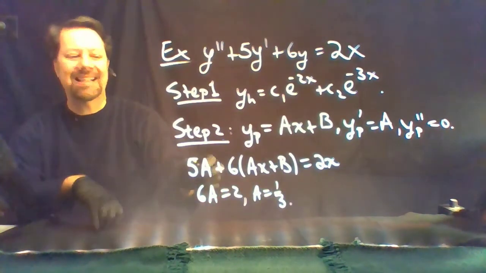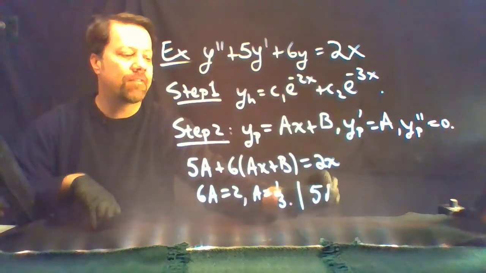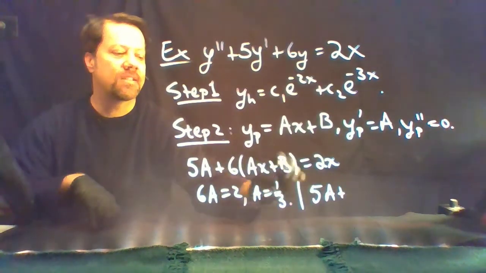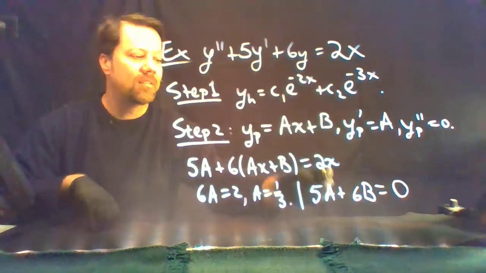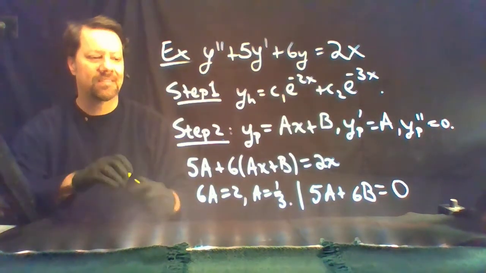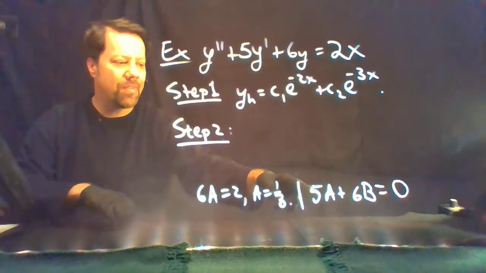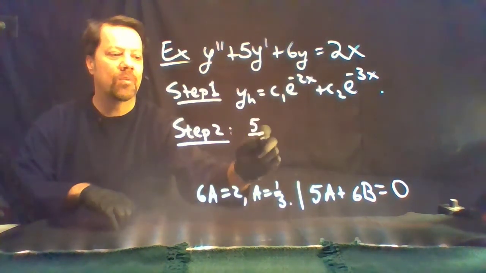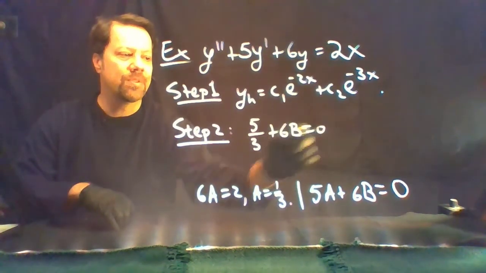However, the constant term on the left yields 5a plus 6b. That must equal the constant term on the right, which is 0. Plugging in a equals 1/3 here, we get 5/3 plus 6b equals 0.